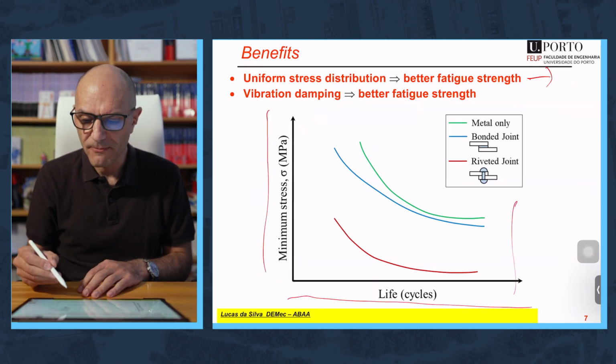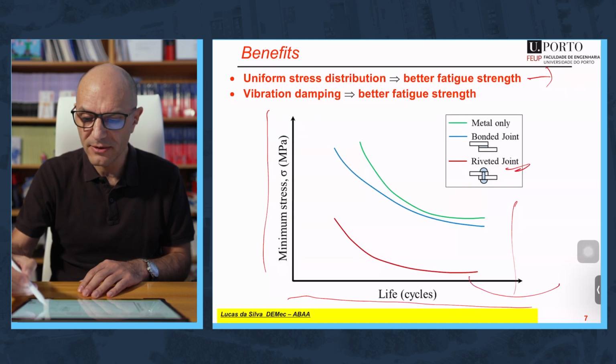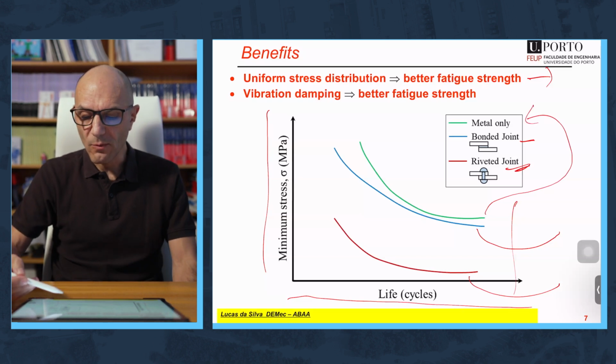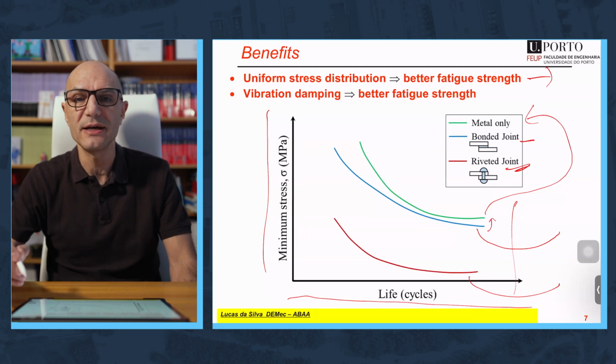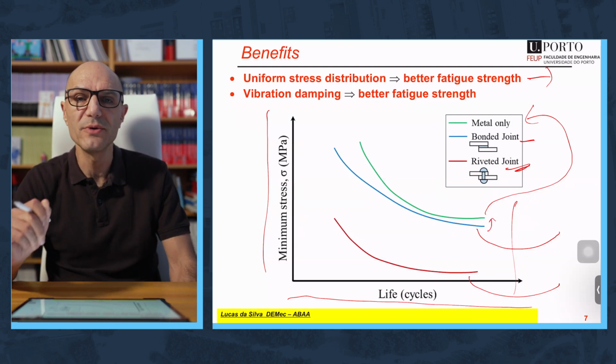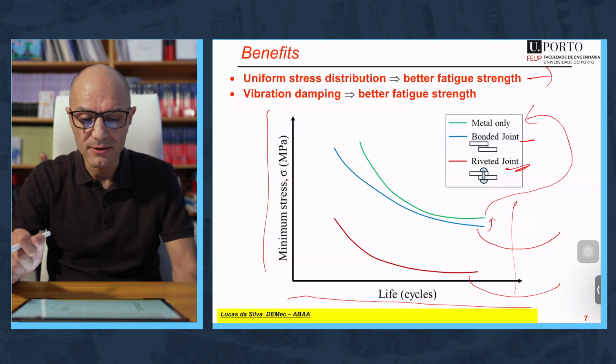And you have three curves. You have a curve here for the rivet, you have a curve in blue for the adhesive joint, and you have a green one where you don't have any joint. Well, what this tells you is that an adhesive joint is nearly as good as the case where there is no joint at all. This is really a very impressive result.